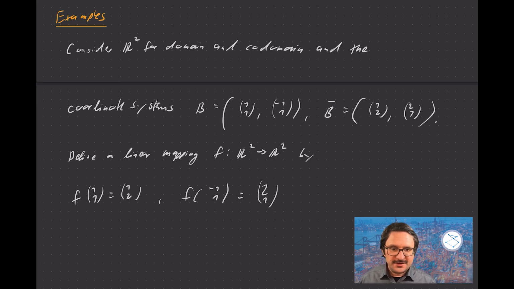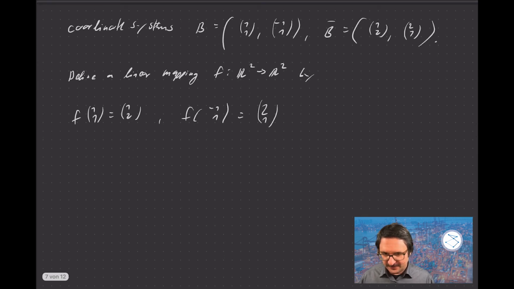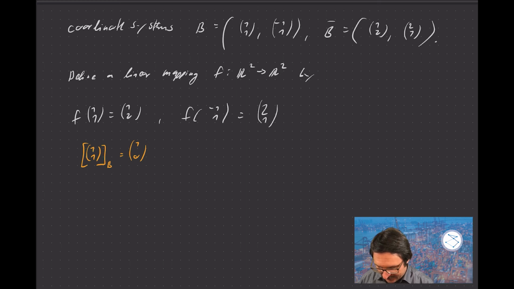Now, that of course is intentionally simple, because if we work in these coordinate systems, then remember the coordinate vector of 1, 1 with respect to B is 1, 0. And the coordinate vector of -1, 1 with respect to B is 0, 1. Right? But we don't actually have to know that.